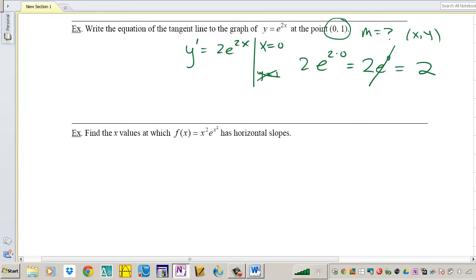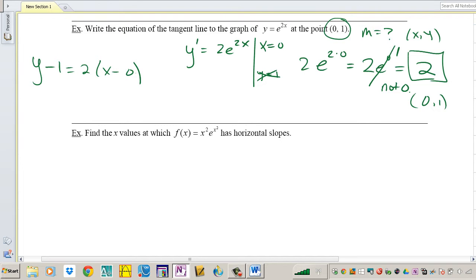E to the 0 is 1, not 0. Like most students will say, they'll think it's 0 automatically. E to the 0 is not 0. My derivative at 0 comma 1 is 2. So I use my slope, my point, to put it in point slope form. And I'm done.